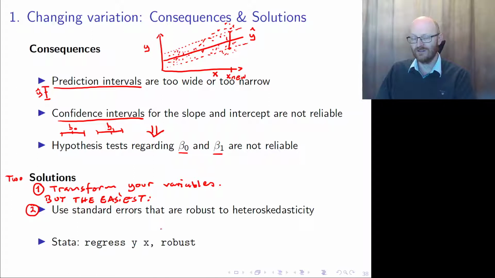You can automatically get these robust standard errors by including this term in your Stata command.